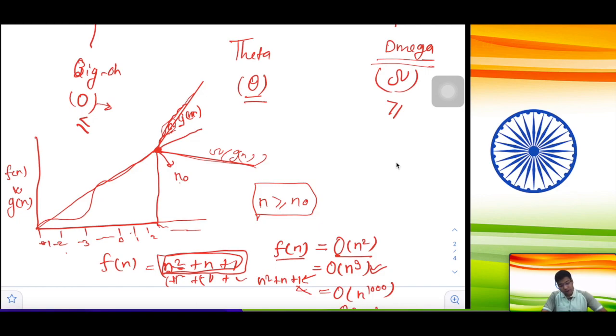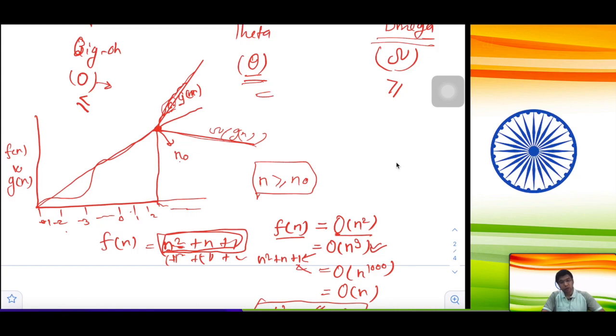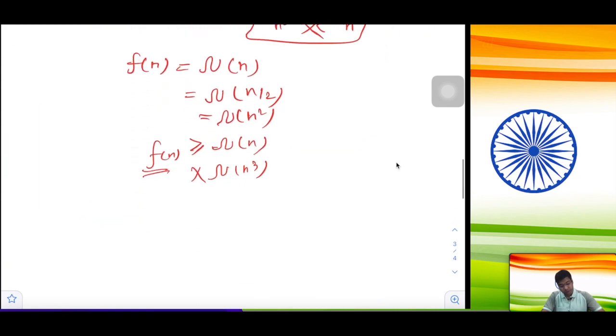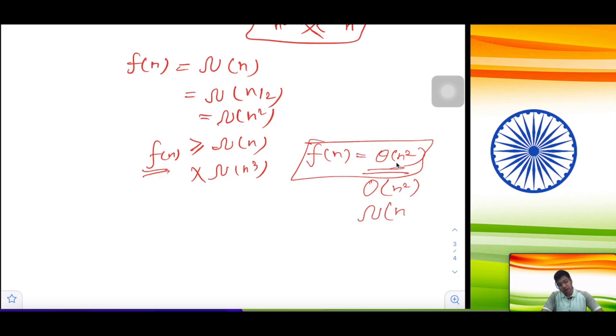So you have to write it in theta mode, which means equal. You can easily write the function is equal to theta of n square. That means for the same function you can write theta, omega and big O.